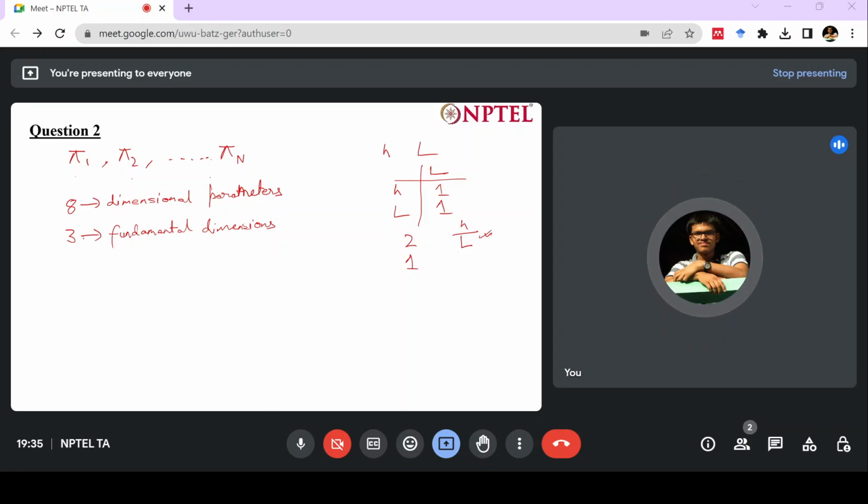Here we have to eliminate three parameters. If we eliminate three parameters, all our terms can be converted to non-dimensional form. So the number of non-dimensional parameters we will get is 8 minus 3, that will be 5.